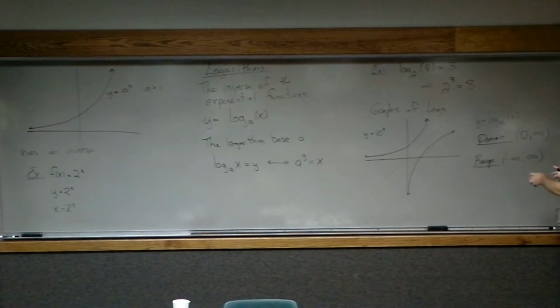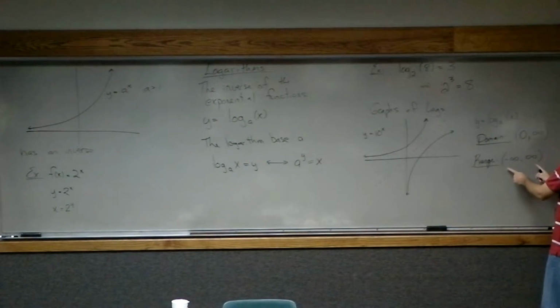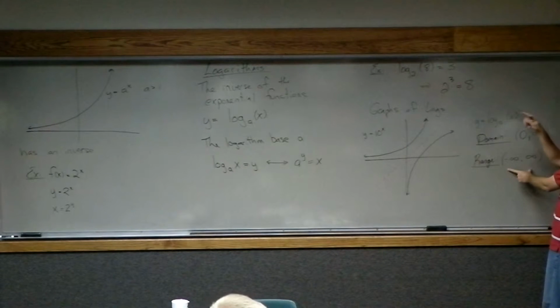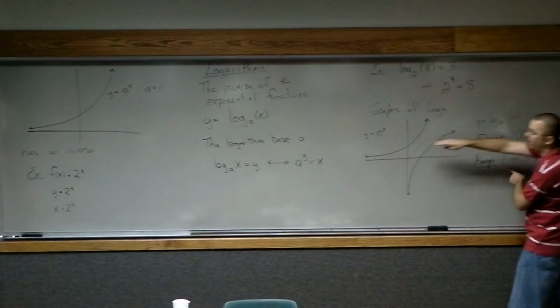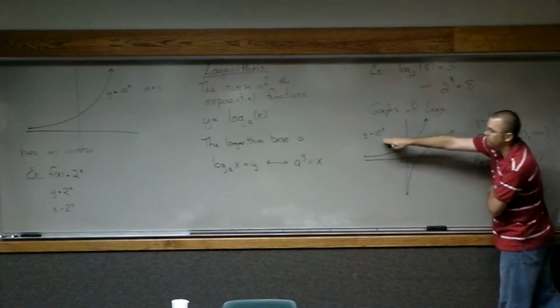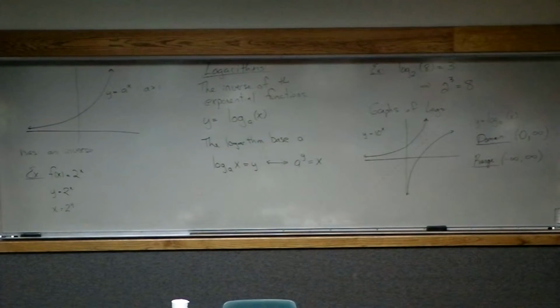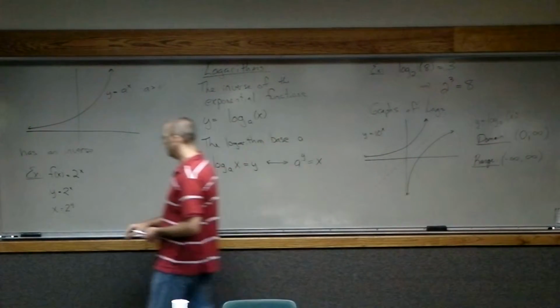Again, relationship to our original function, the range of this is the domain of this function over here. I can plug any value I want into the exponentials, so that means I can get any value out that I want in my log. All right, that's one of them.